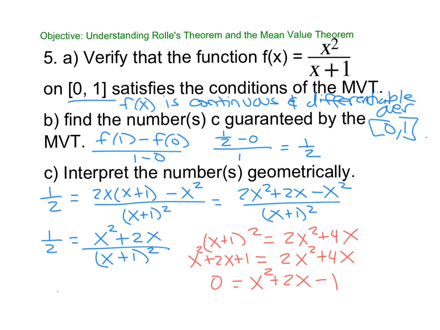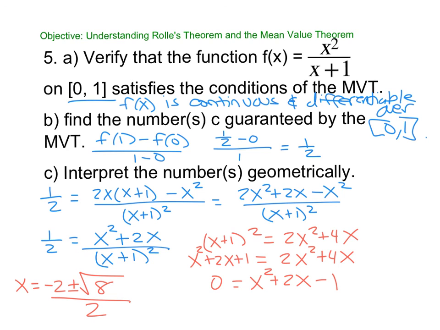Aw, man. Quadratic formula? Did I miss something? Is there an easier way to do this? I don't think there is. -2 plus or minus root 8, all over 2. I'm just going to leave it like that.